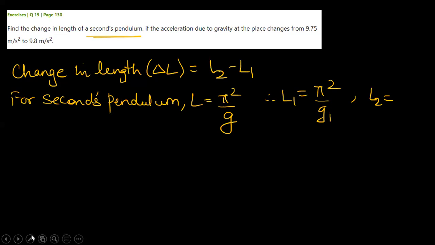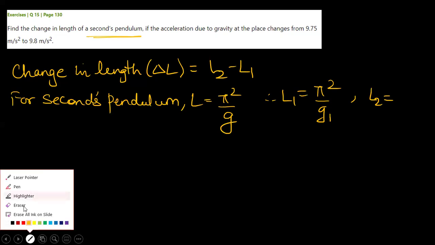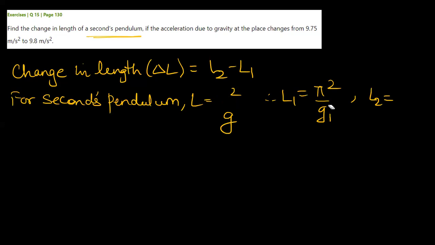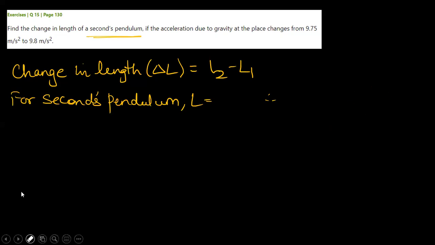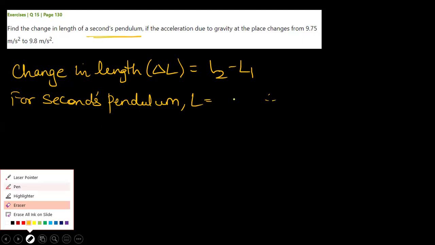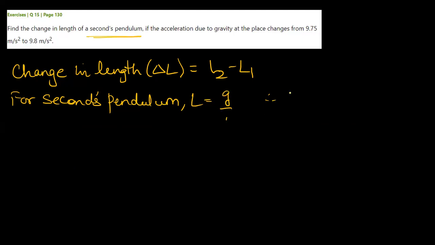I'm sorry, the formula is g by pi square. So L1 will be equal to g1 by pi square and L2 will be equal to g2 by pi square.